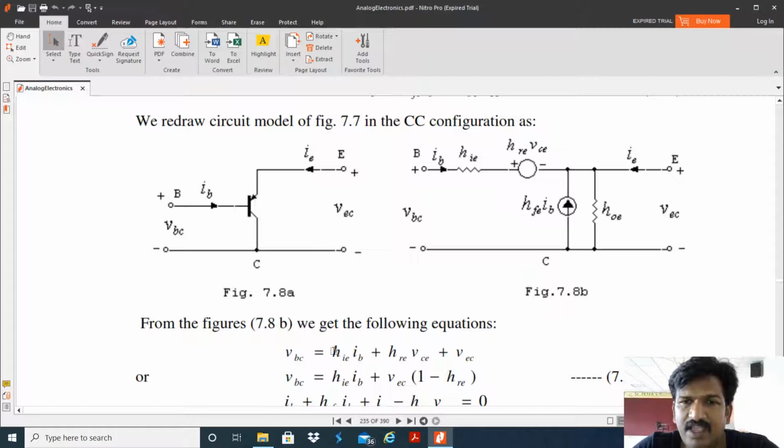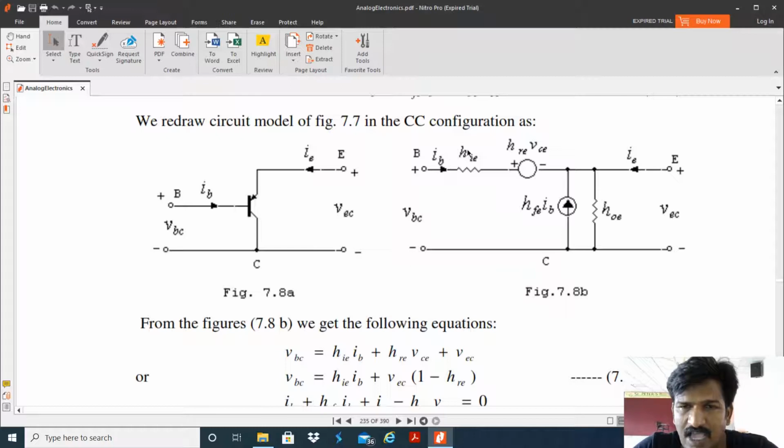VBC is equal to HIE IB, where HIE is the resistance, multiplied with this IB, plus HRE VCE, plus VEC. This can be called VBC, right?